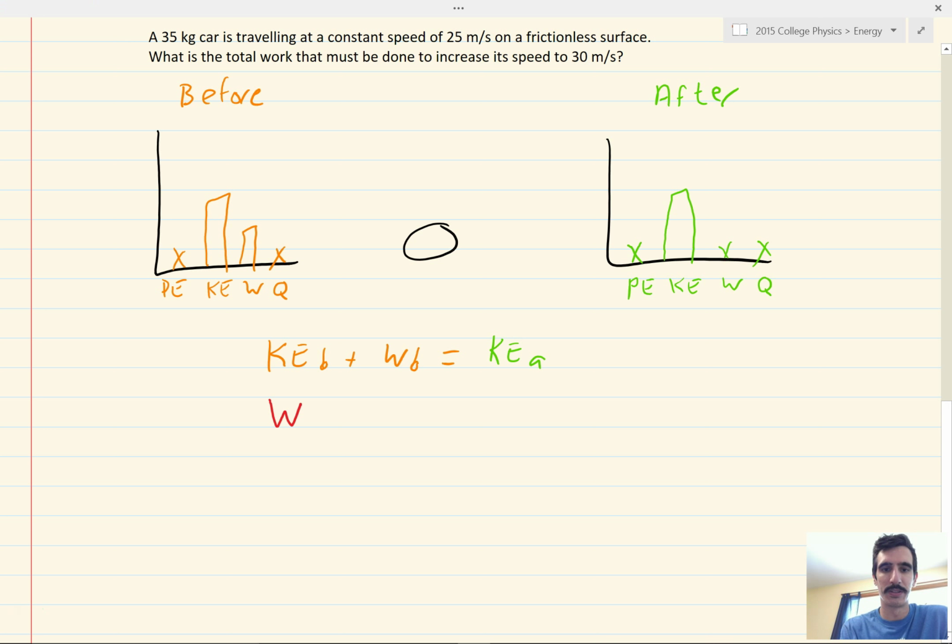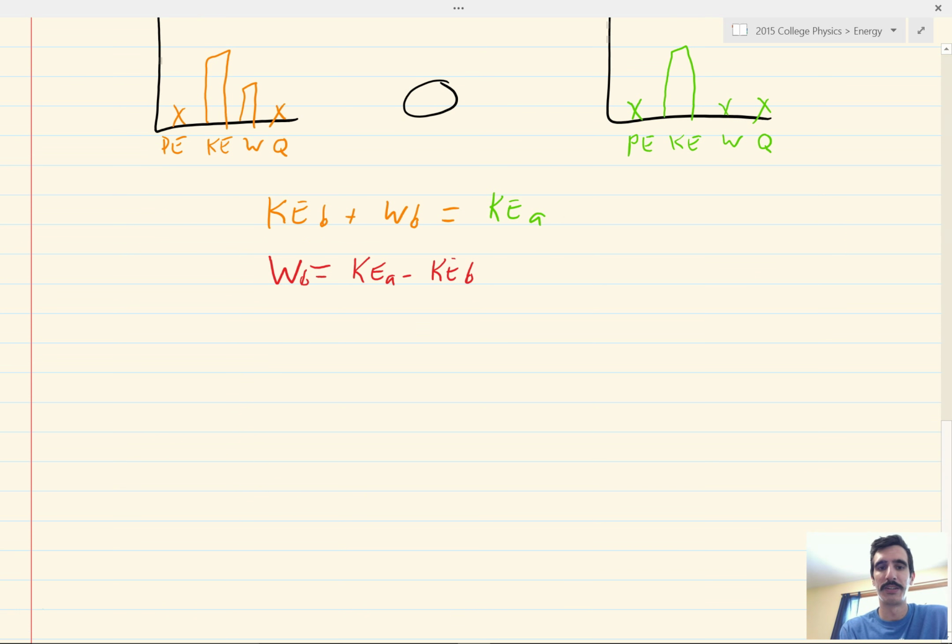So we have work before is equal to kinetic energy after minus kinetic energy before. And now we'll just break down each formula. Work before is 1/2 m v after squared minus 1/2 m v before squared. And then we just plug and chug.